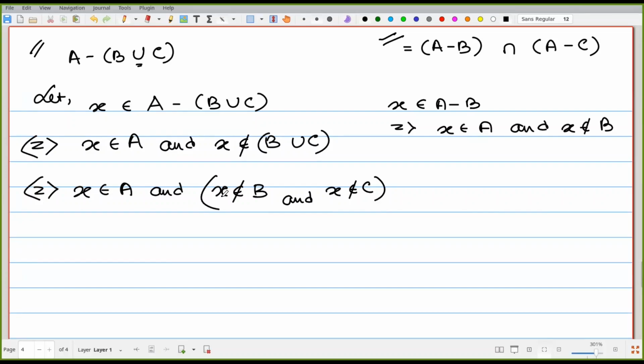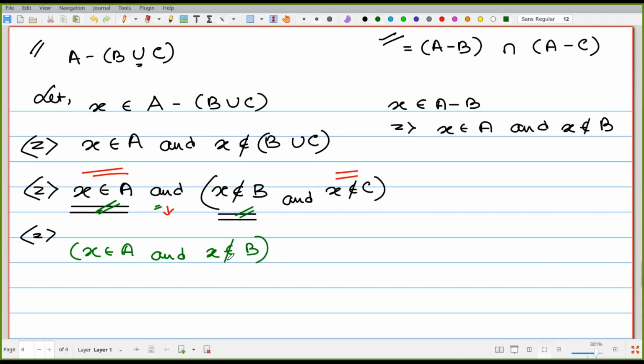Now suppose some distribution, like that one with that one and that one with that one; in between, that is AND. So we are writing it like the very first one: x belongs to A and x does not belong to B. Okay, then that AND must be here.